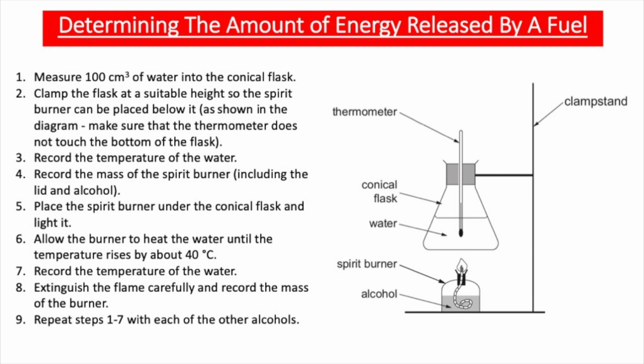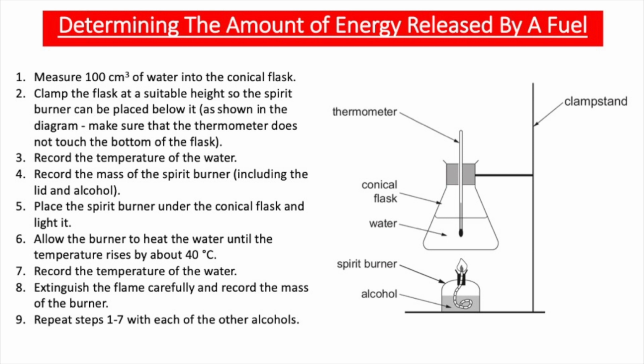So this slide shows the apparatus you could use. Now, the experiment works by burning a fuel in a spirit burner. So, for example, we have an alcohol here in the diagram, and when the fuel burns, the energy is released, and this transfers to water that would be in a can or a flask.